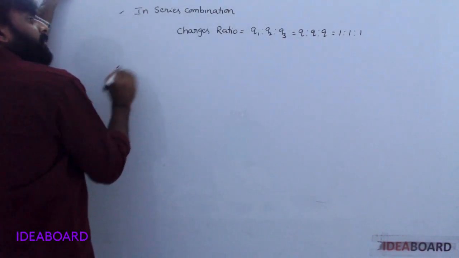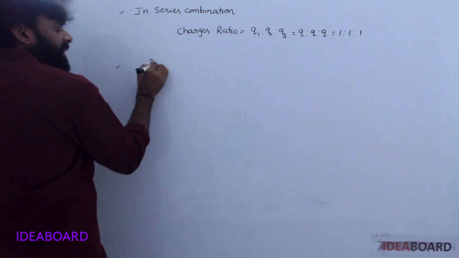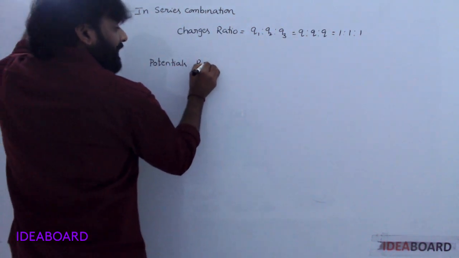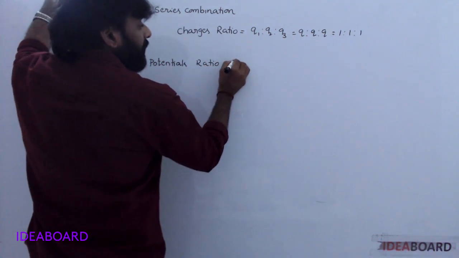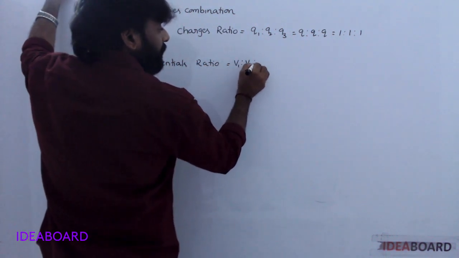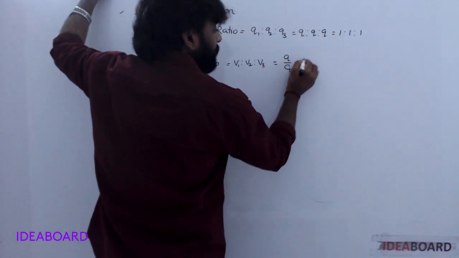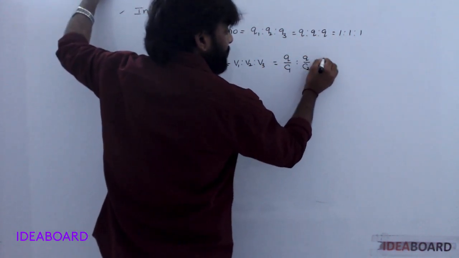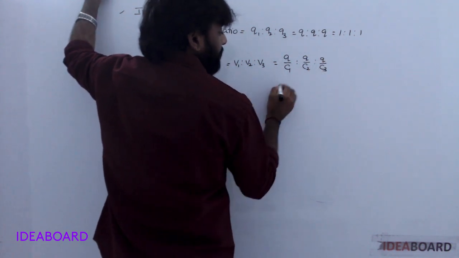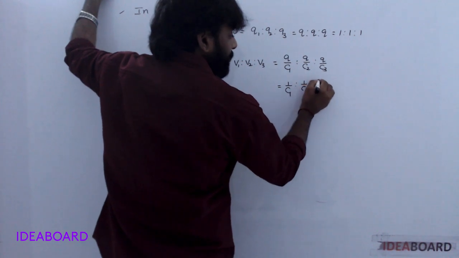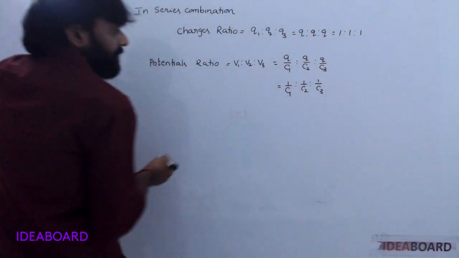Now, the potentials ratio. V1 is to V2 is to V3 equal to Q by C1 is to Q by C2 is to Q by C3. That means 1 by C1 is to 1 by C2 is to 1 by C3.